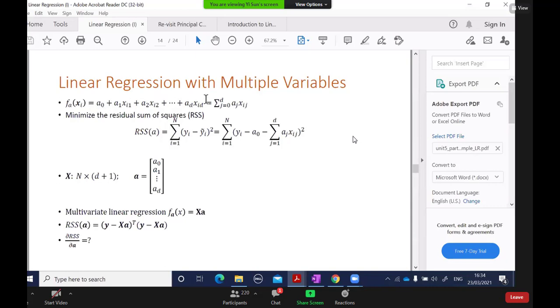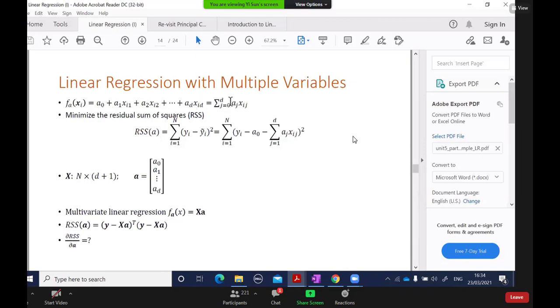This is rather long. So can we have a more concise way to rewrite it? That is to use a sum. But be careful, this sum, this j, starts at 0, because here we have an intercept, and ends at D, because we have D features. But what about a0?